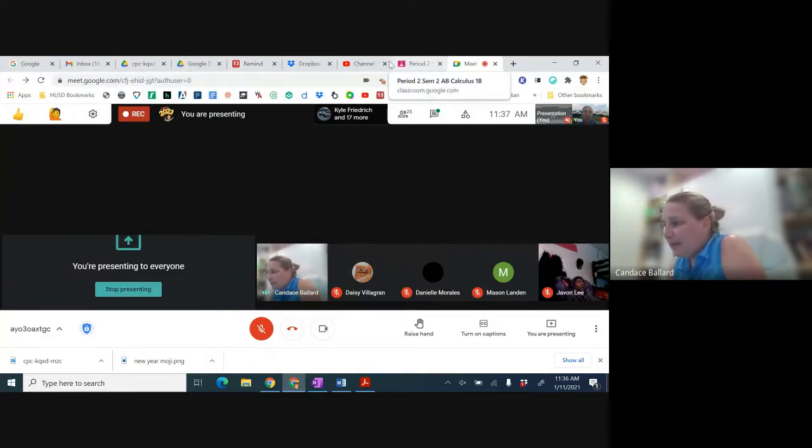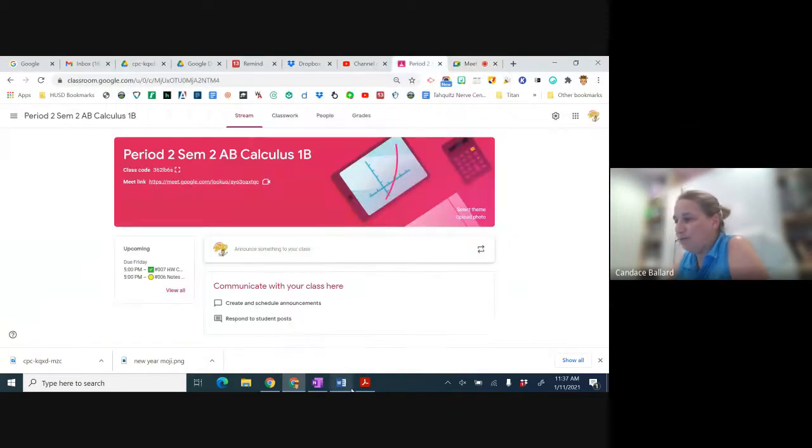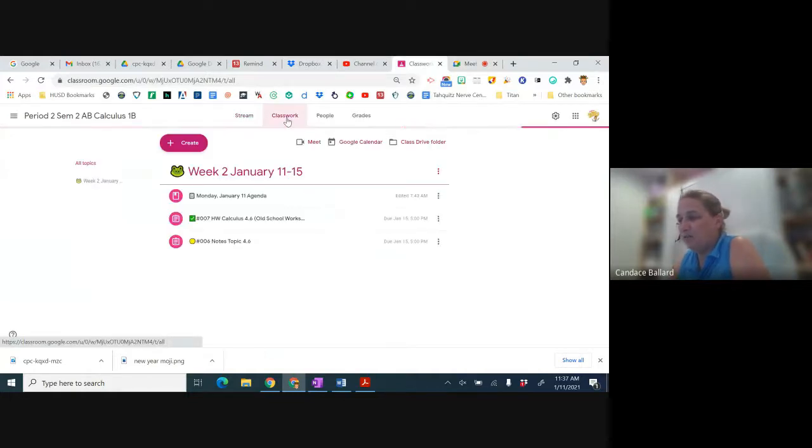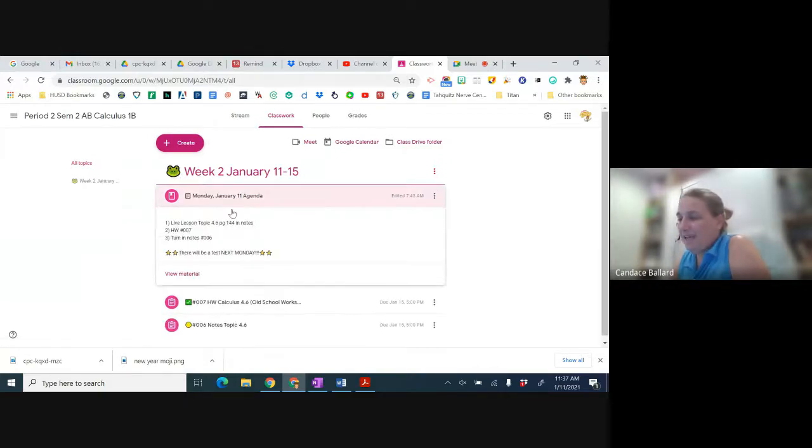Okay, I want to go to Google Classroom. That's a new color. I got to fix the color because I can't handle the pink. It's kind of close to red. All right, it's a frog because somebody in my 6th grade class said frog was their favorite emoji. So I used a frog this week. All right, so today we just did the live lesson on 4.6. And yes, we skipped over 4.5 and 4.4.